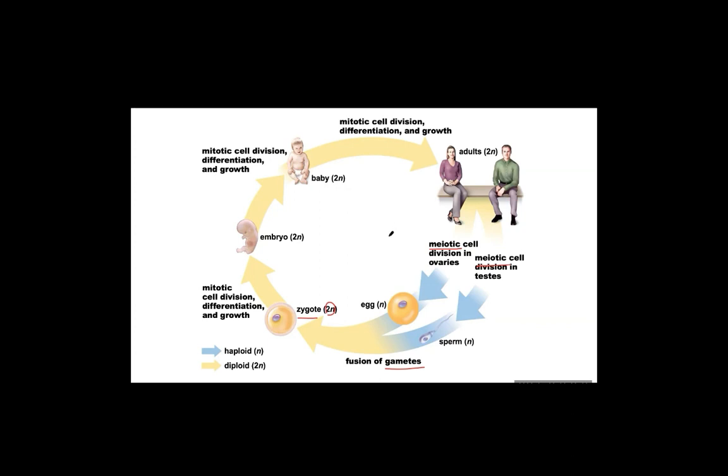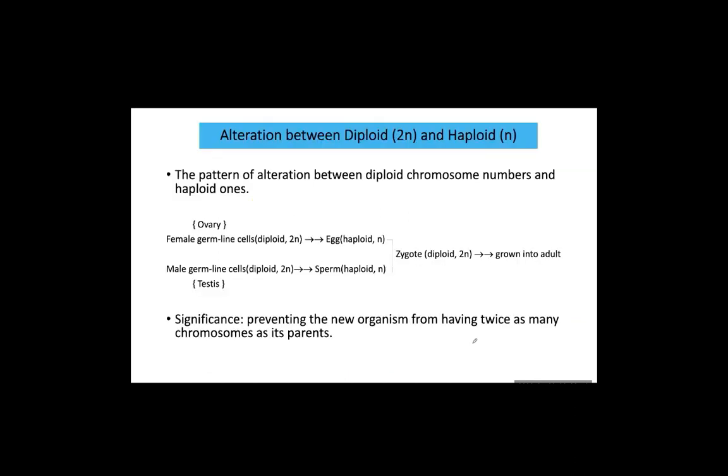But you have to think about that, okay, once the zygote is formed, each cell holds 2N, 46 chromosomes. But once they undergo meiosis, the chromosome number is reduced in half. Okay, think about how that can happen. So there is an alternation between diploid and haploid, the pattern of alternation between diploid chromosomes and haploid chromosomes.